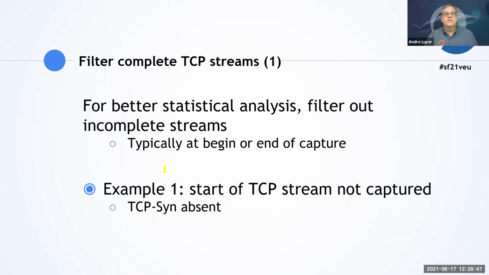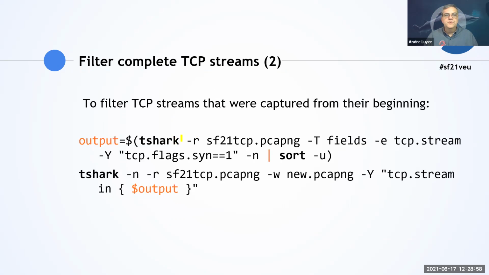You want to filter out any streams which have no TCP SYN packet. The way you can do that is you can output the TCP stream and filter it on the SYN flag set, and use that output as input for the next tshark to create a new file.